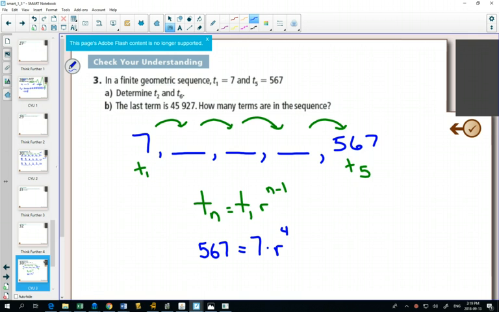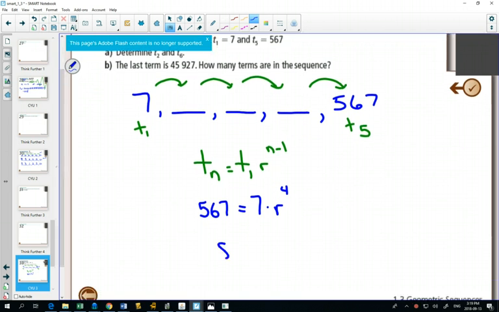567 divided by 7 is 81. How do you get rid of that 4? Square root would get rid of a 2. Fourth root.